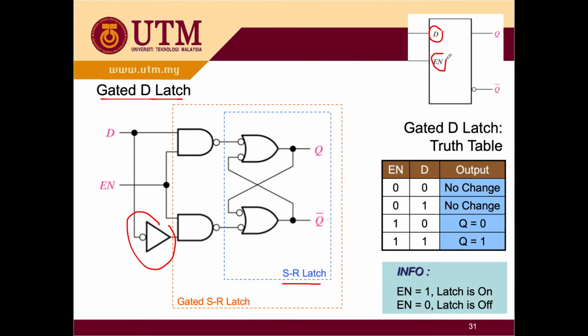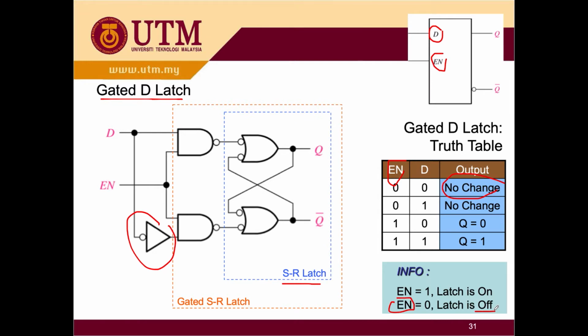So here is the truth table of your D latch. It's very easy to remember because whenever your EN input is 0, nothing will change for your output. Although it mentions EN 0, your latch is off, but your output is not going to be 0. Your output will look at your previous output.